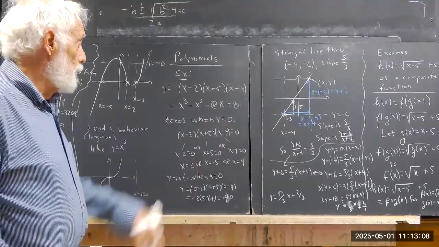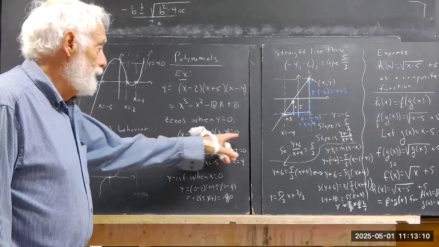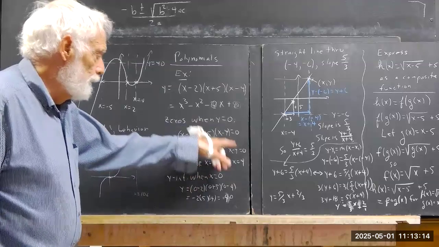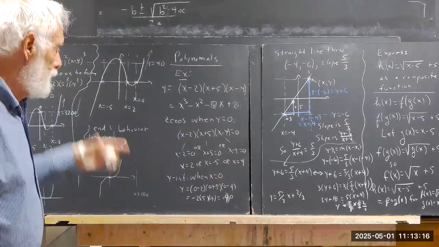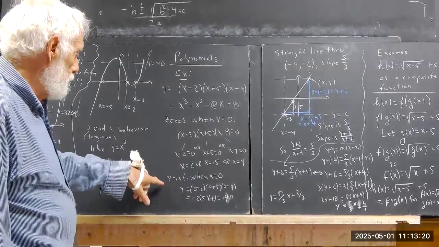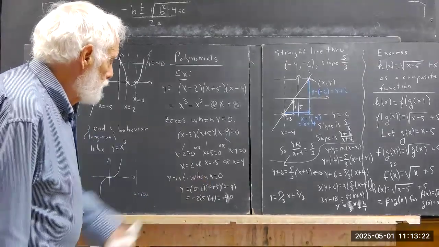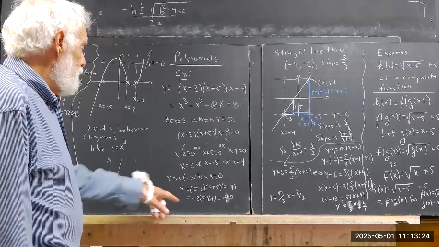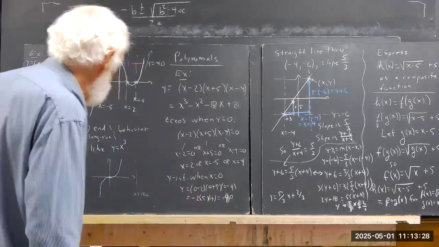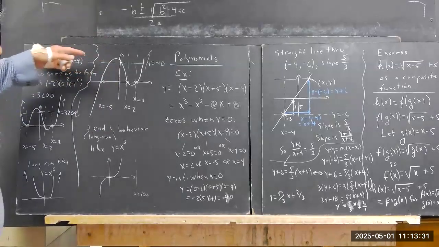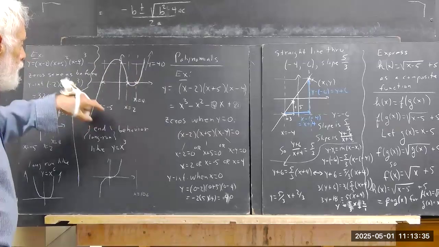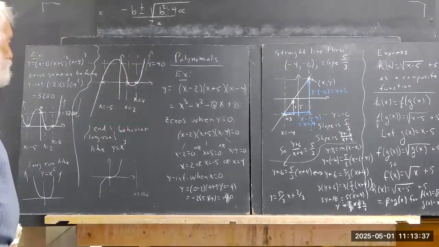Zeros occur when y equals 0, set this equal to 0, and you're going to get x equals 2, or x equals negative 5, or x equals 4. I explained the details a little bit earlier in the video, if you want to see that. The y-intercept occurs when x equals 0, and let x equal 0 here, and you're going to get 40. So you have a graph. The y-intercept is 40. The x-intercepts are negative 5, 2, 4.